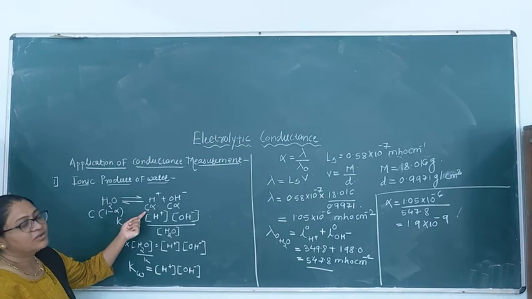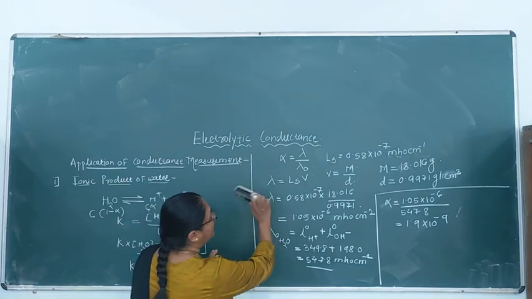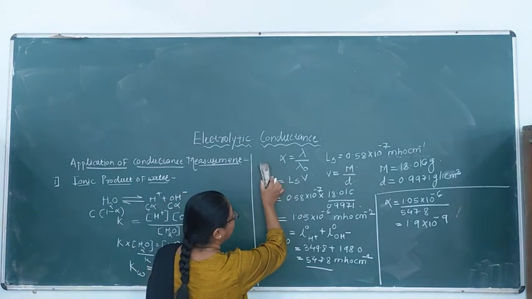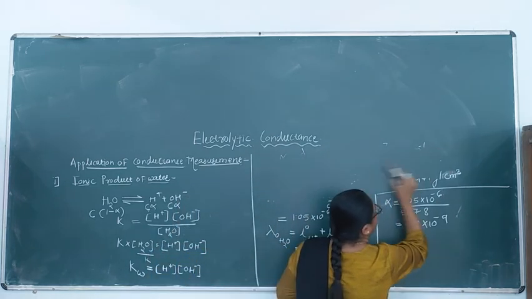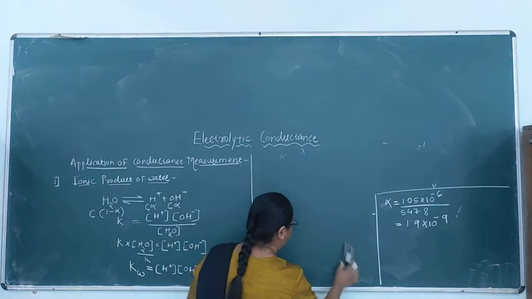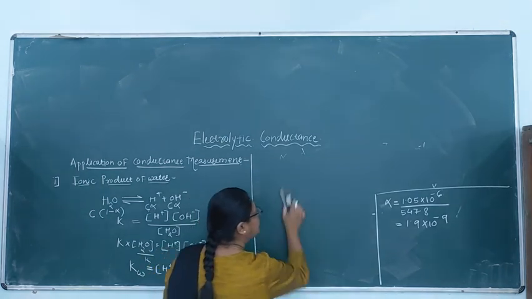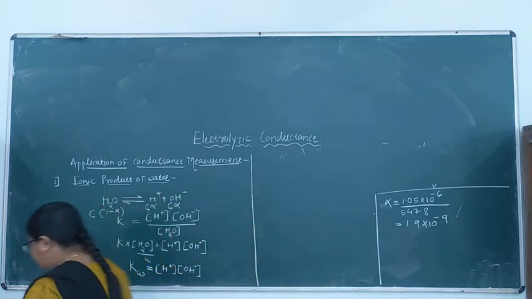Now to find the concentration. How to find the concentration? I am wiping it out again, this part. So we have got alpha. Now we want to find C, that is the concentration.